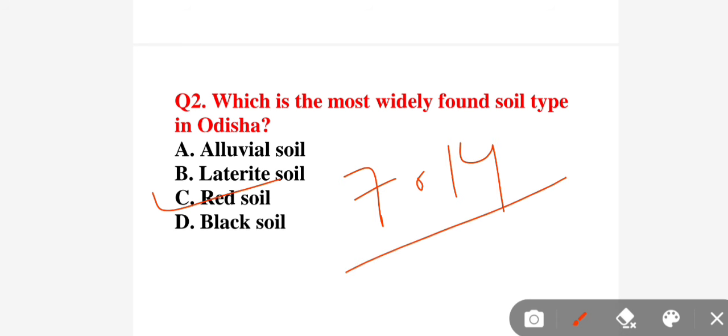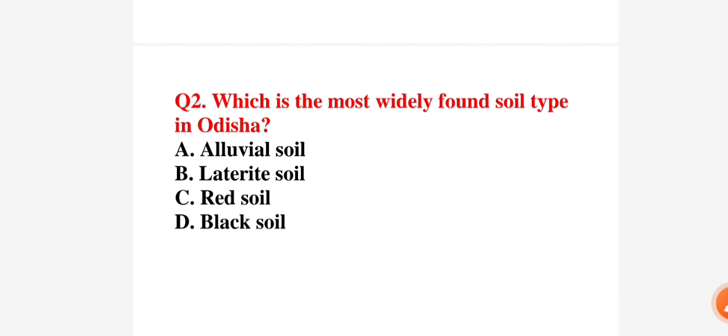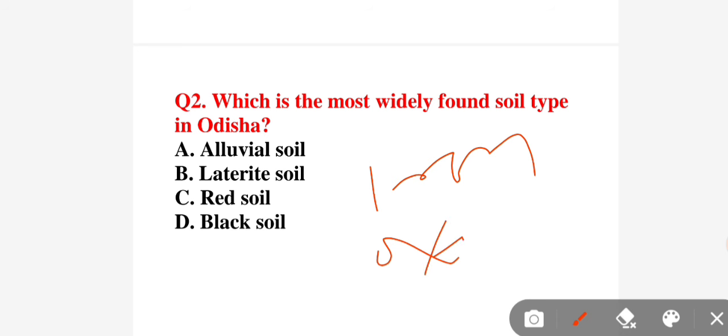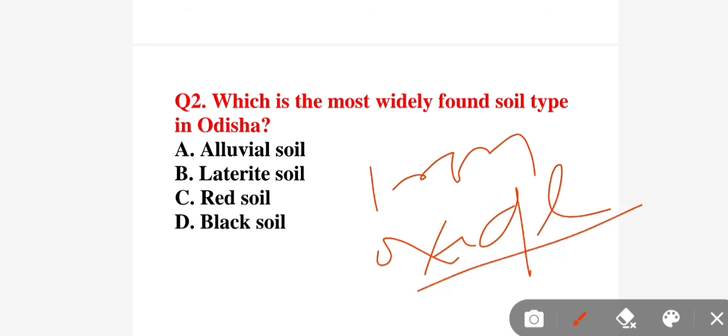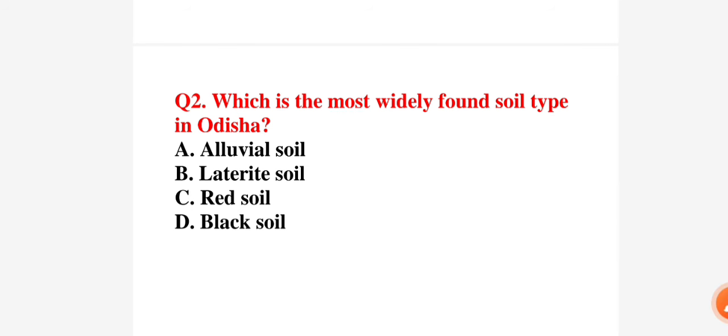It is named red soil because it is reddish in color due to the high amount of iron oxide, and it looks yellow when it gets hydrated. Red soil is poor in nitrogen, phosphorus and organic matter.